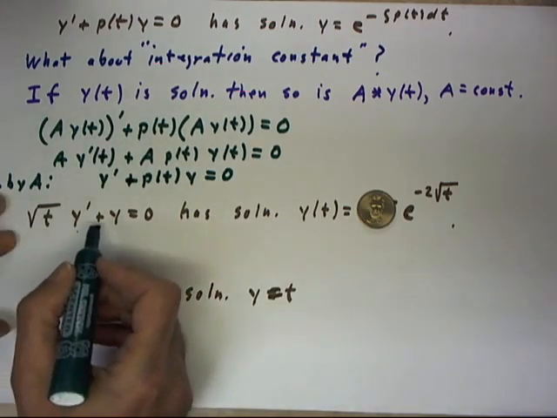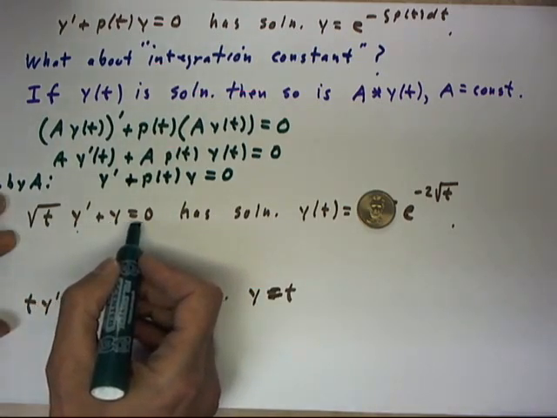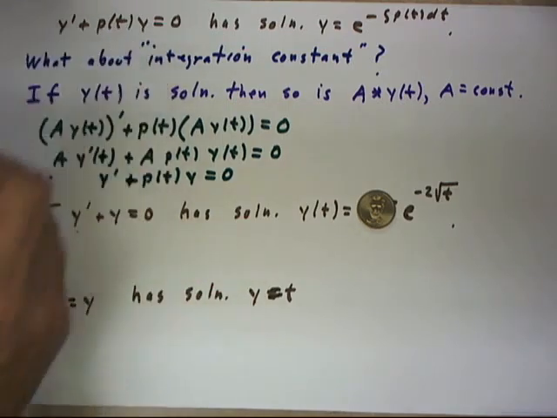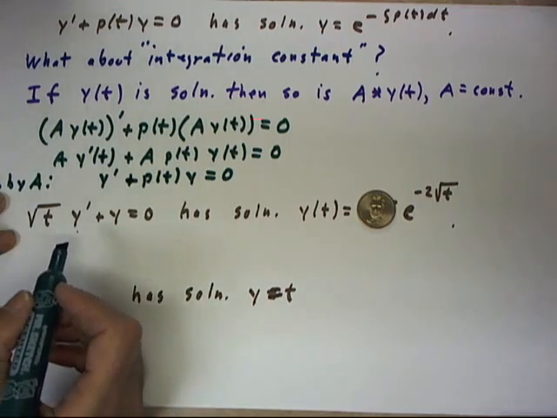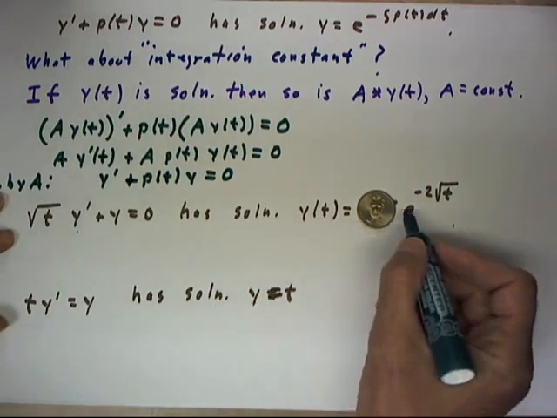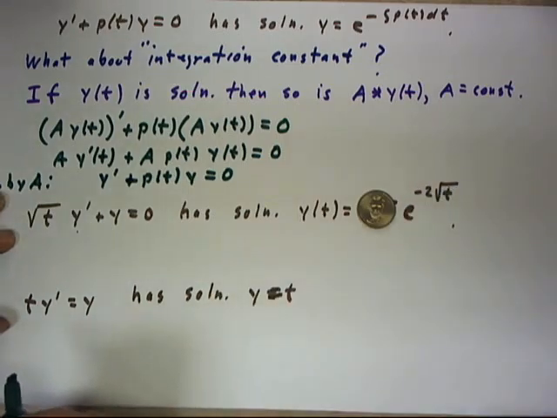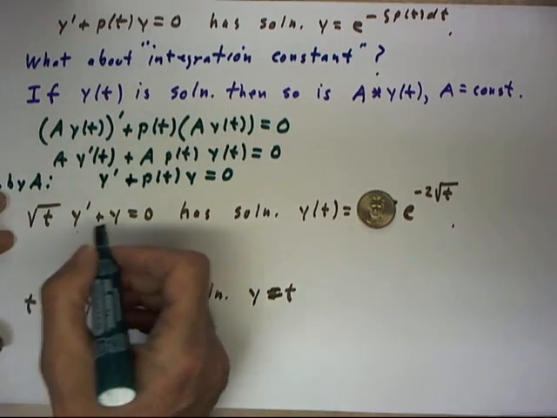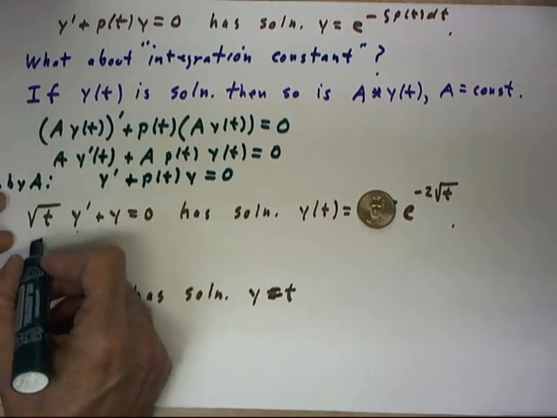the square root of t y prime plus y equals 0 was previously put into the form of a linear homogeneous equation. It had solution y of t equals e to the negative 2 square root of t. So what would the general solution be?